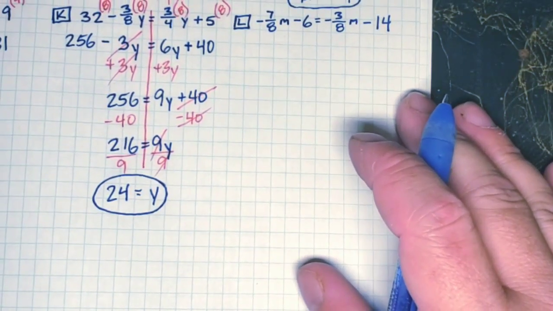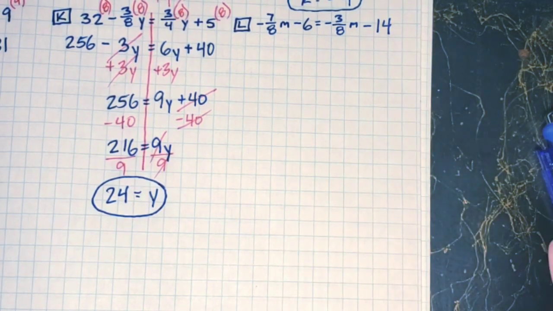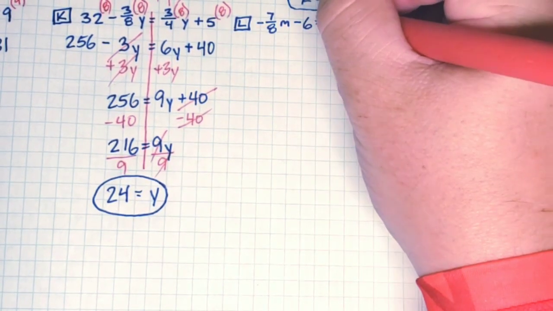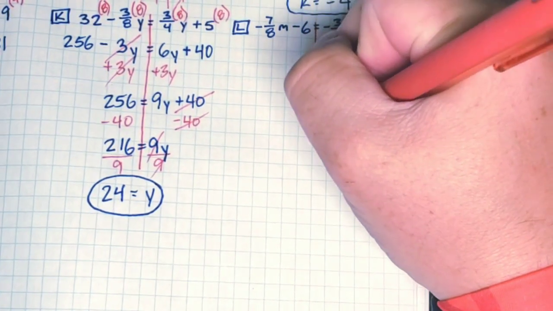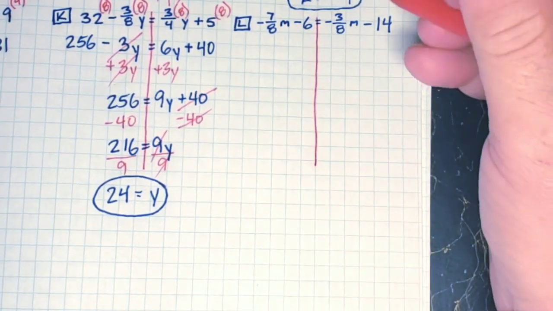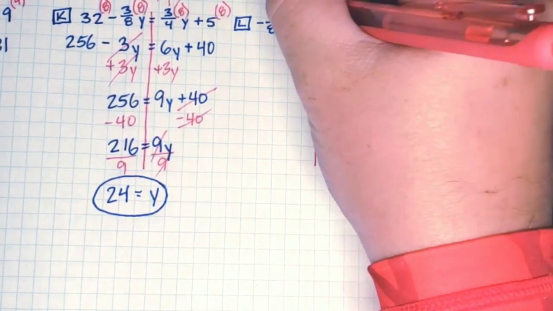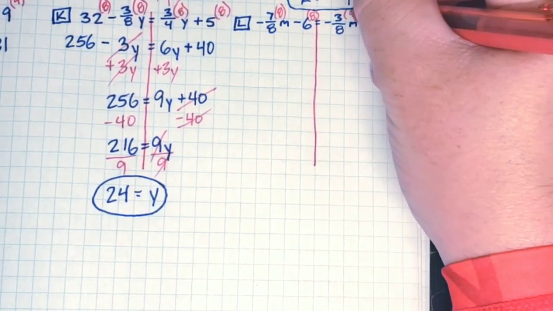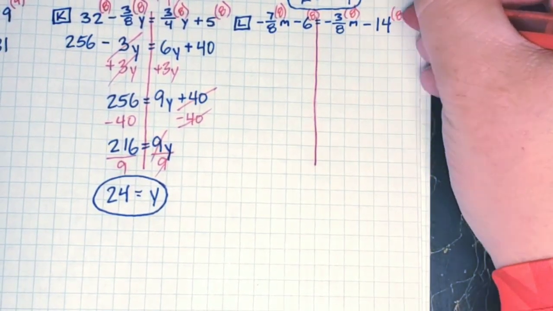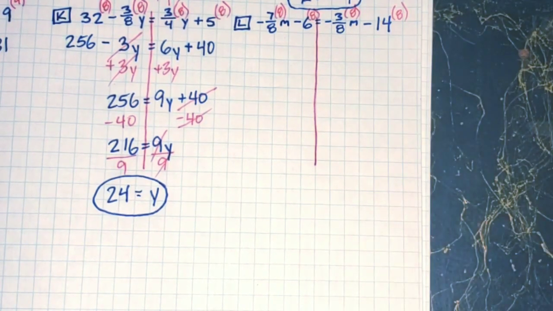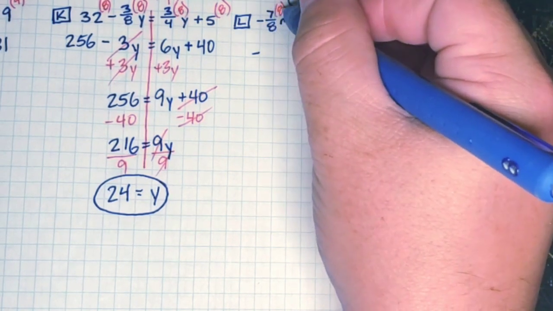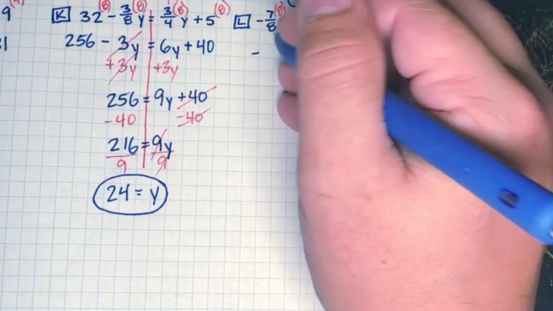Last one, letter L. Negative 7/8 m minus 6 equals negative 3/8 m minus 14. What's the least common multiple of 8 and 8? That'd be 8. So we're going to multiply everything by 8. First off, this is negative, so let's leave the negative. 7 times 8 is 56, divided by 8 is 7.